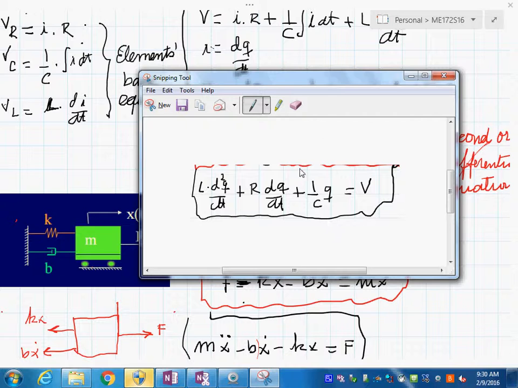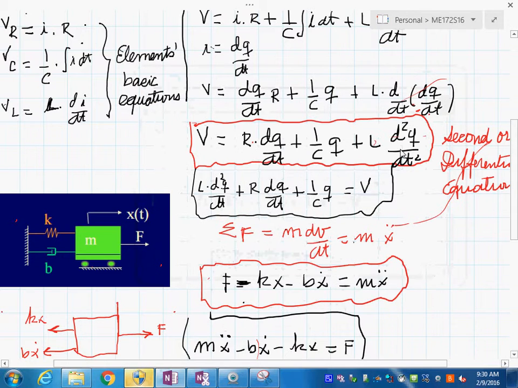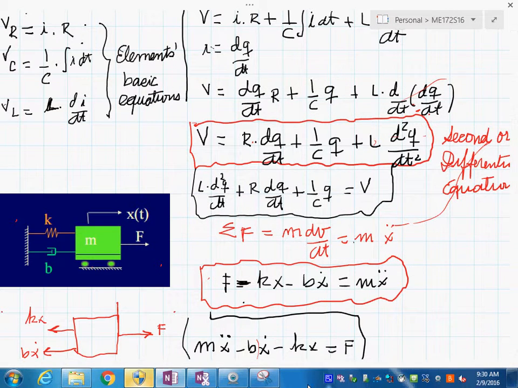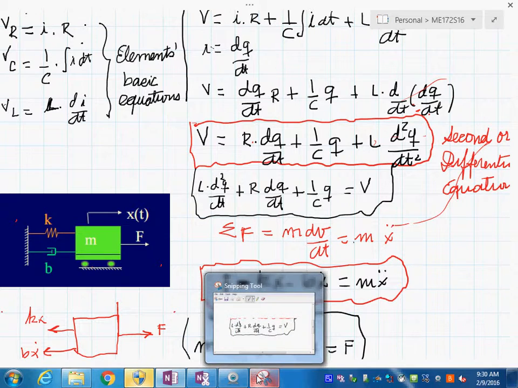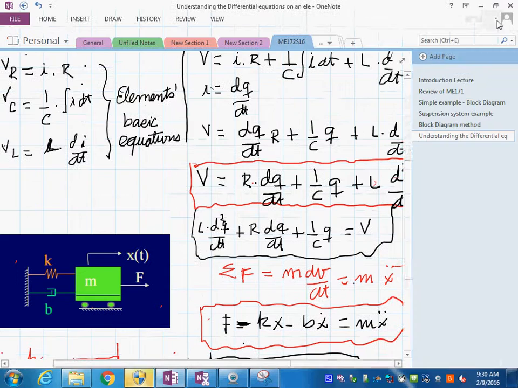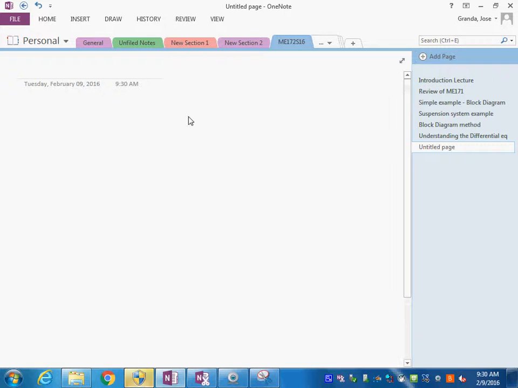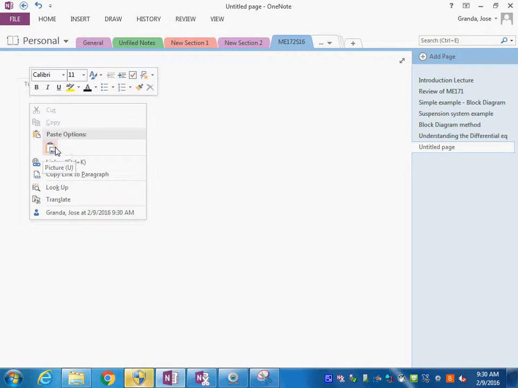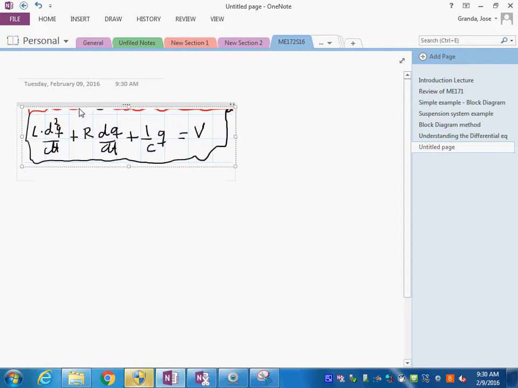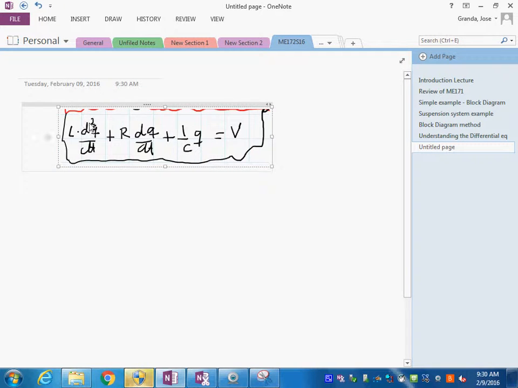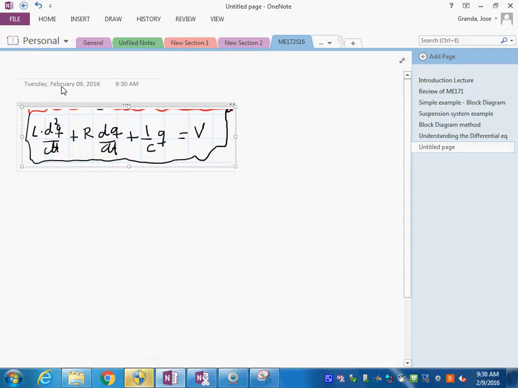You can put a title in here if you want. You can say, from an equation to a block diagram. Okay, what I'm trying to say to you is that we write the equation in terms of this term.